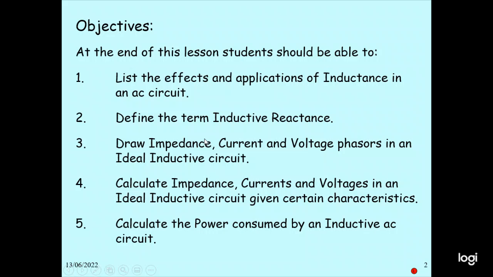At the end of this lesson, students should be able to list the effects and applications of inductance in an AC circuit, define inductive reactance, draw the impedance, current and voltage phasor in the inductive circuit, calculate the impedance, current and voltage in the inductive circuit given certain characteristics, and calculate the power consumed by the inductive AC circuit.